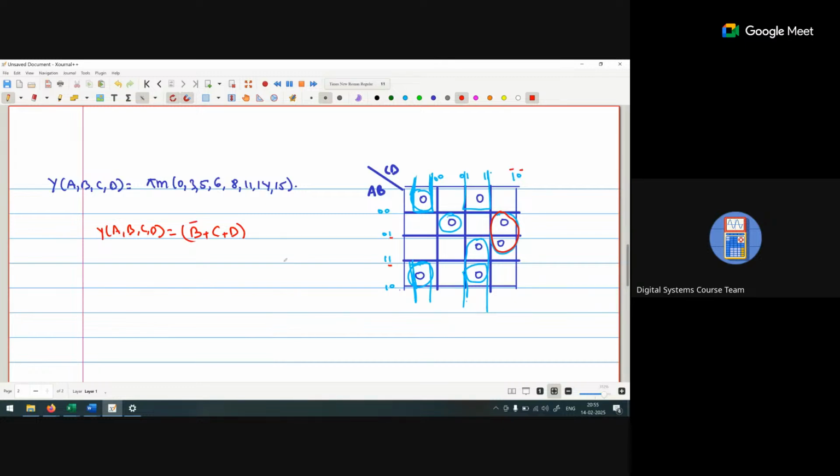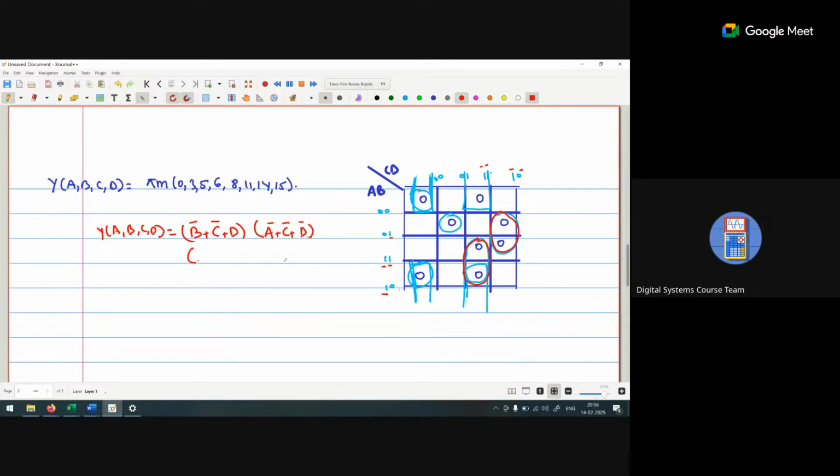So B is 1, C is 1, and D is 0. Now this group. So value A is constant, C and D. So A, C, and D. Sum, and the value is 1, so it's A bar, C bar, D bar.